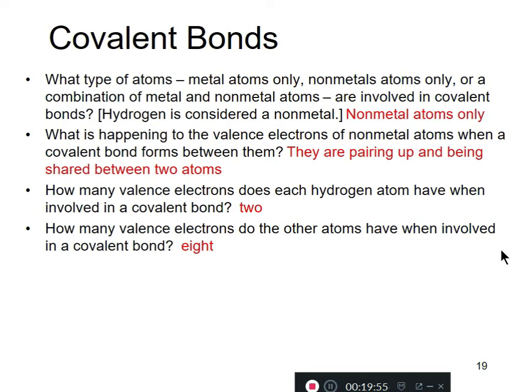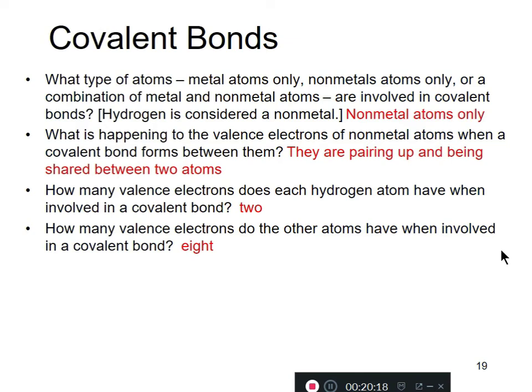So these are between nonmetal atoms only. Remember, the nonmetal atoms are trying to gain enough electrons to have the same number of electrons as the nearest noble gas. Because they need to gain, sharing works well. When they bring one electron to the paired partner, they get to claim both of those electrons as their own.